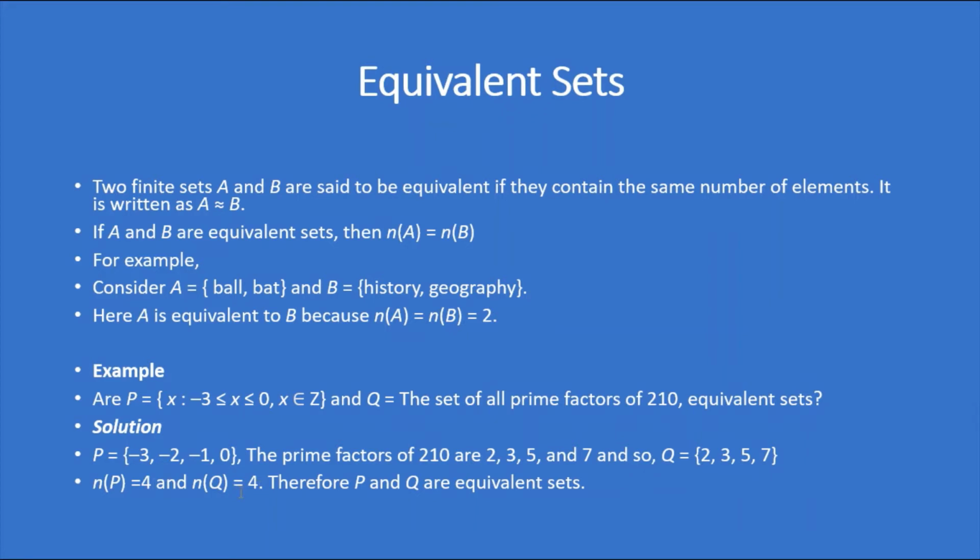So both are equal, and therefore we can say P and Q are equivalent sets. The elements are not equal, but n of P and n of Q are equal. That is, the cardinal numbers are equal. So the number of elements present in P and Q are equal, and hence the sets are called equivalent sets.